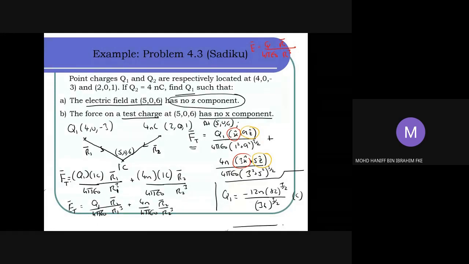This is the force on the 1 coulomb charge at 506. So the 1 coulomb charge does not give any significant effect. Basically, the equations for the force and electric field intensity will be the same, because 1 coulomb doesn't give any effect. Unless the charge is 2 coulomb, then you're going to have different things. I hope it's clear.